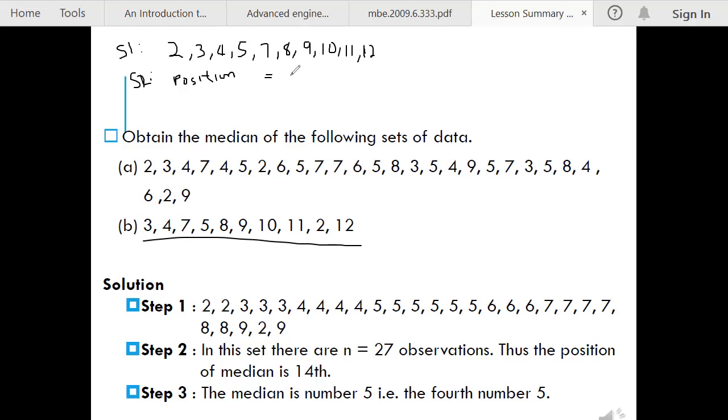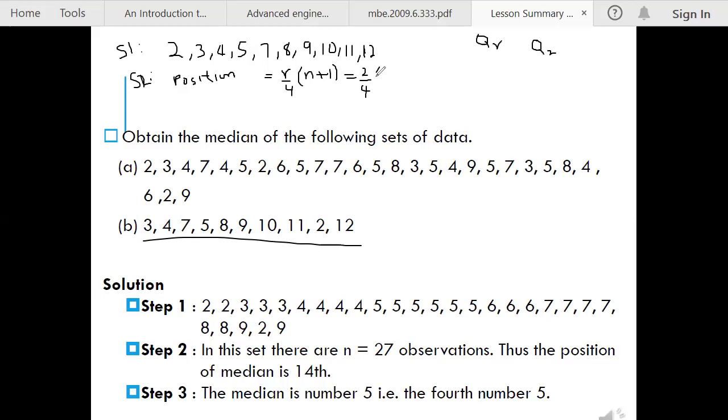Because the median is the second quartile, and quartiles are written as QR, the median is Q2, so R equals 2. So your formula is R over 4 times (n plus 1). Our R is 2, so that gives us 2 over 4.